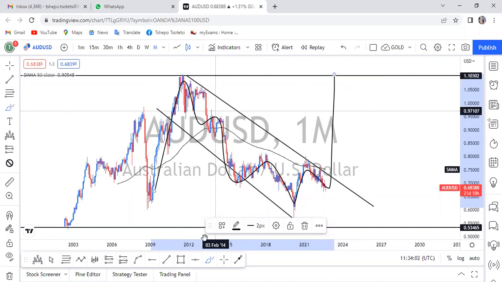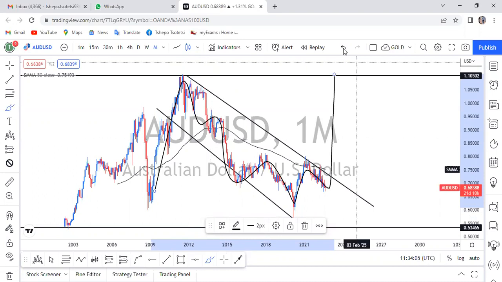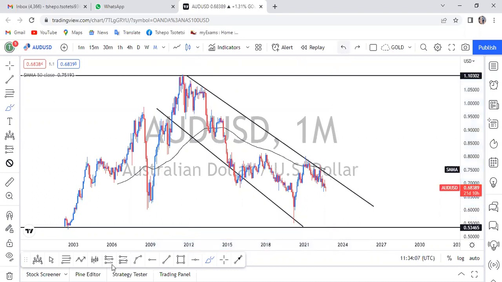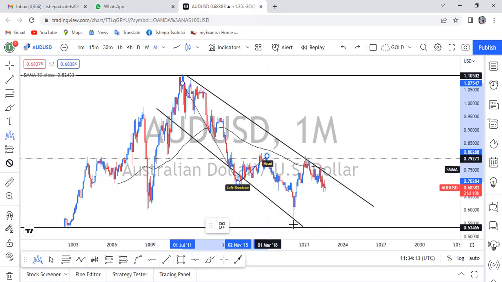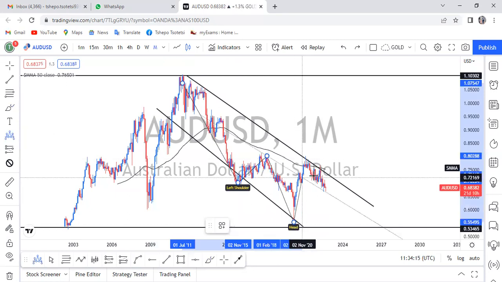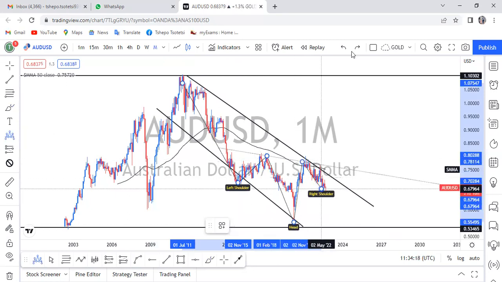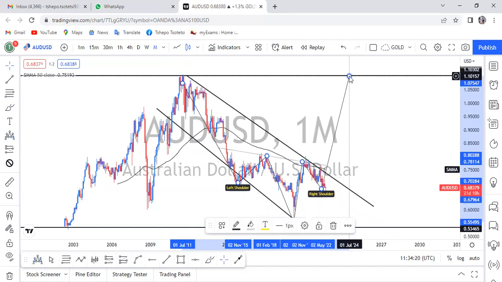And check another confirmation we have. We have an inverse head and shoulders on a bigger time frame: left shoulder, head, right shoulder. You see that, guys?